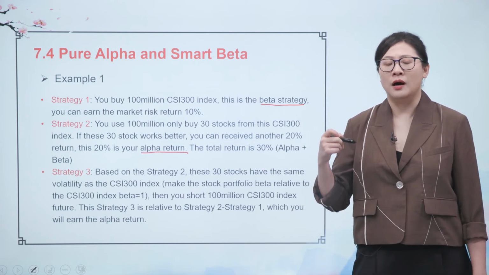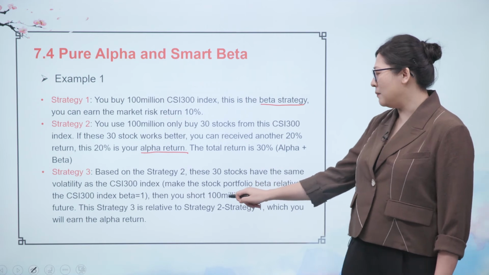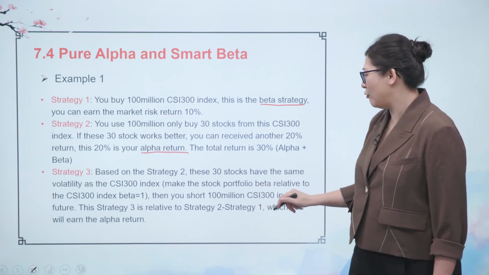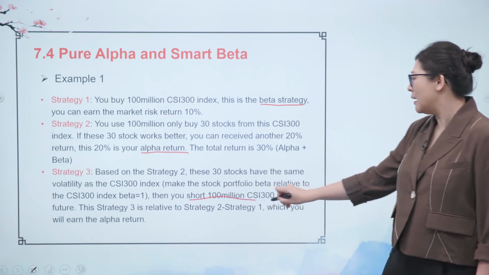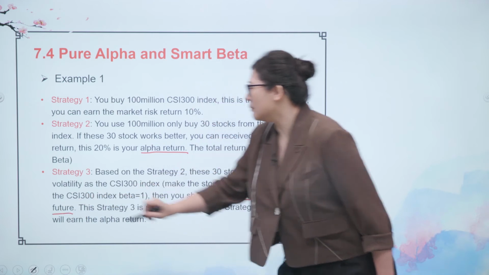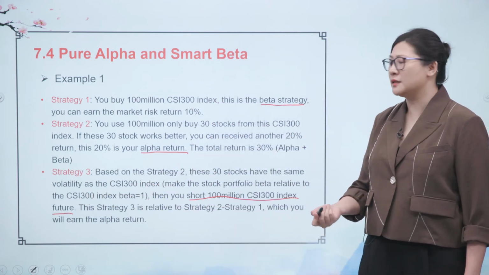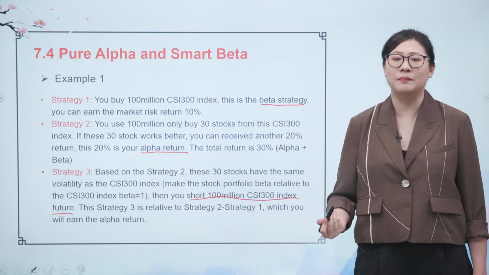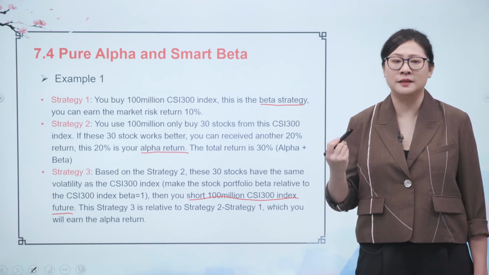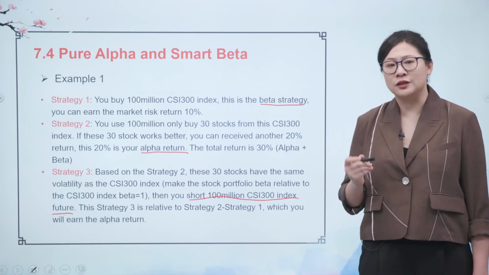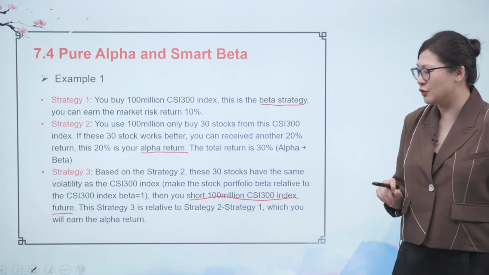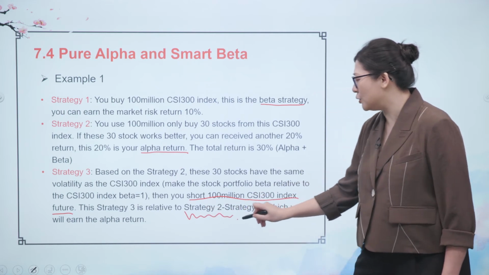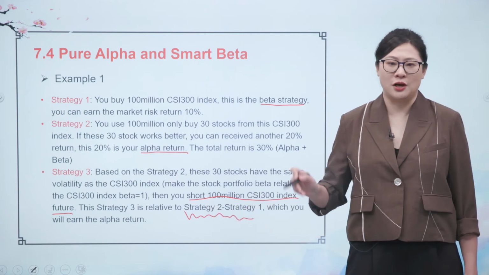Then you short 100 million of CSI index futures. So on one side, you buy 30 stocks, and on the other side, you short 100 million of CSI index futures. This strategy is strategy 2 minus strategy 1.